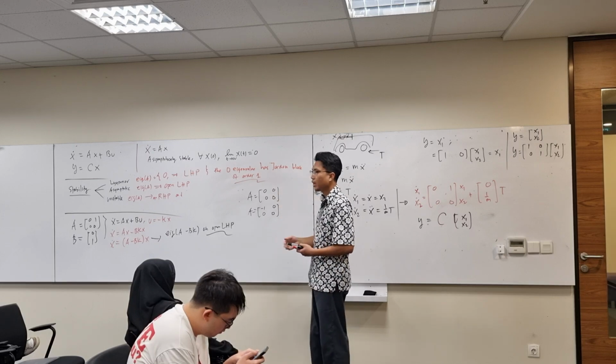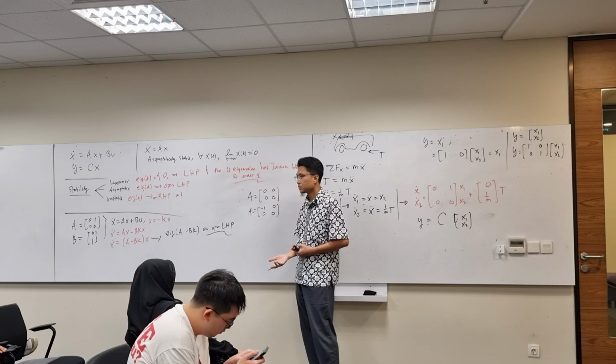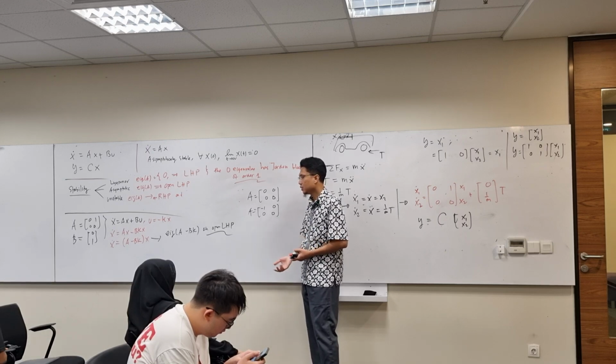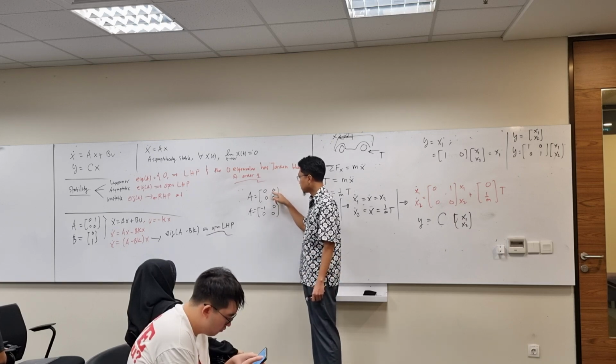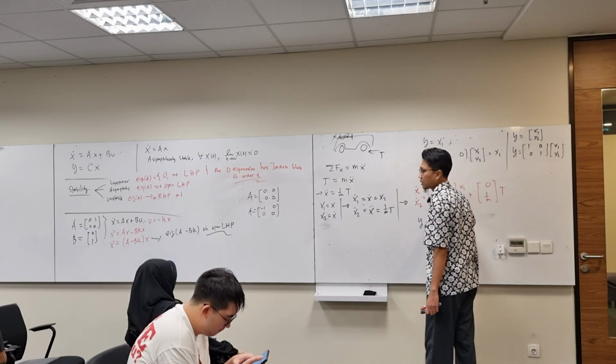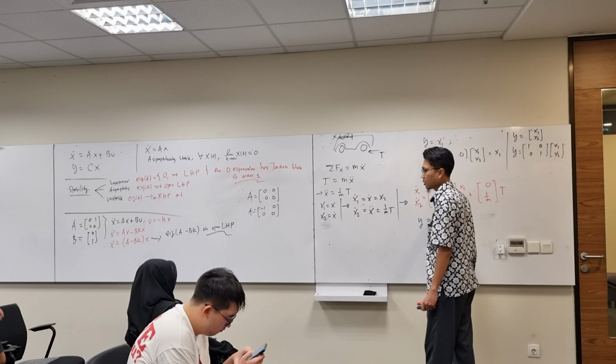A Jordan block means you have repeated eigenvalues, and then on the corner of your diagonals you have an entry. Like this, it becomes a Jordan block of order 2.